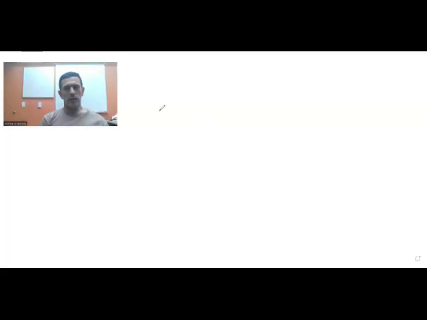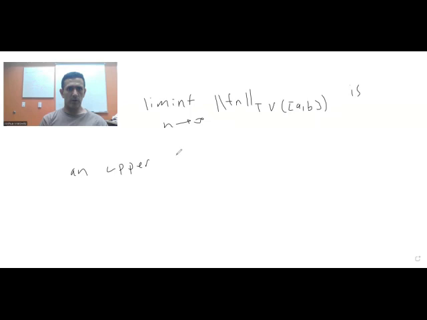Okay, so writing things down, what I want to do is prove that this lim inf of the total variation norm is an upper bound of all these sums, kind of defining the total variation for f.